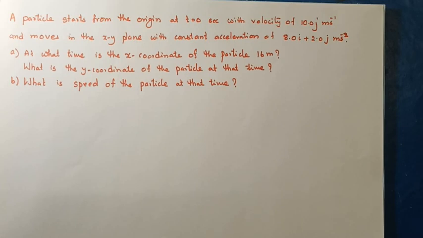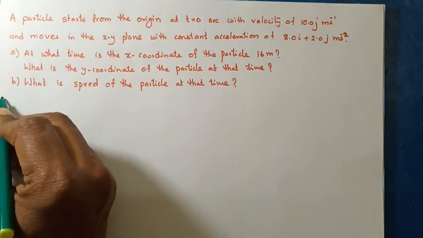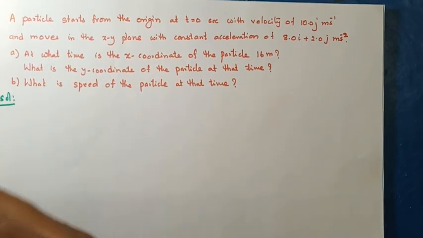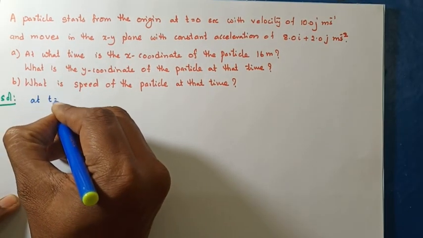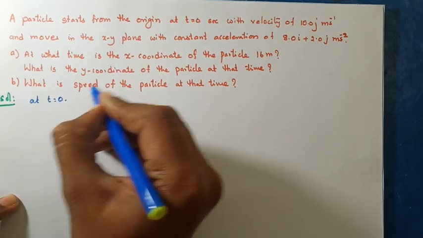So see, first it starts from the origin, x naught and y naught are 0, but the velocity is given at t equal to 0. Now what is given?